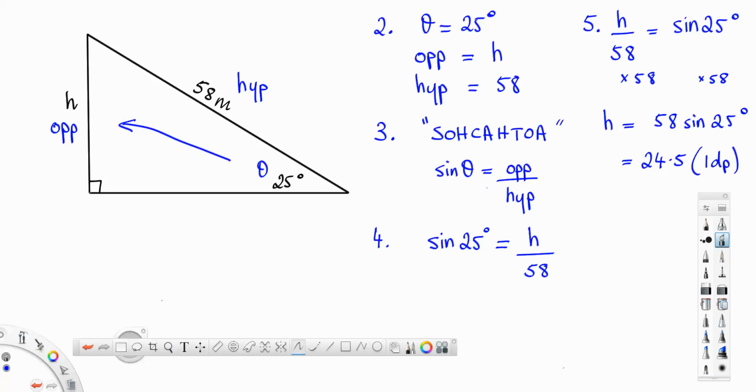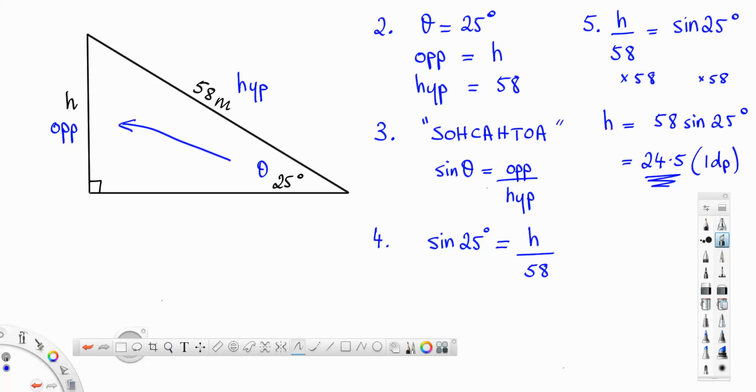Okay? So what that tells us is that in our triangle here, if we had a right angle triangle with this information, if that was 25 degrees, if the hypotenuse was 58 metres, there is only one value that h can be, and that's 24.5. Nothing else. Okay? And this is the power of trigonometry.